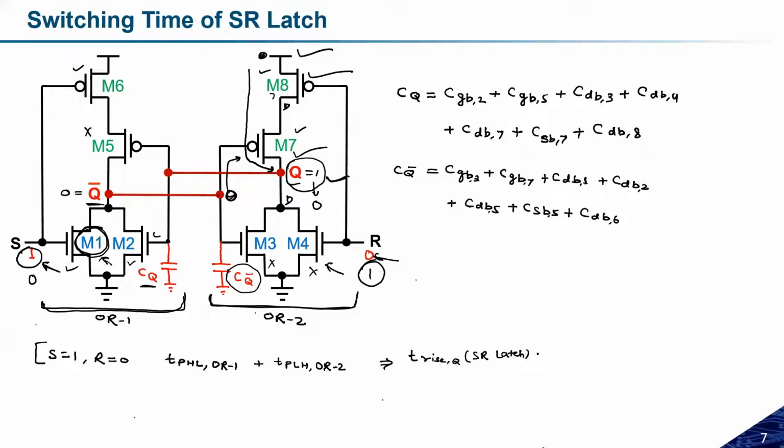is the sum of two components. I'm just writing this R1 and R2 expression in another way: T rise for Q of NOR. This is not R, this is NOR, sorry, I made a mistake.